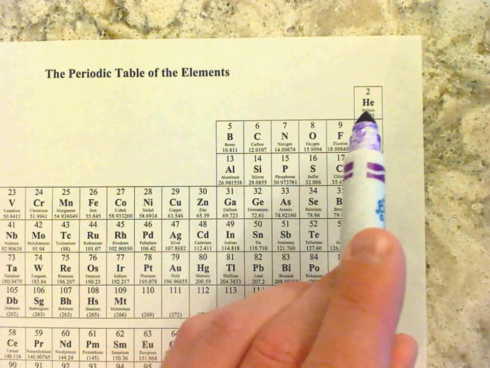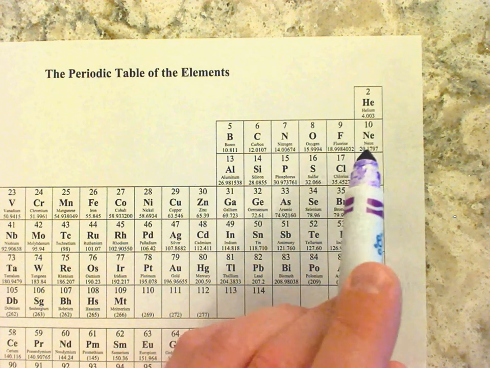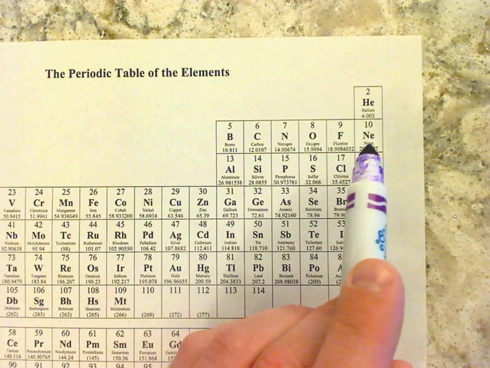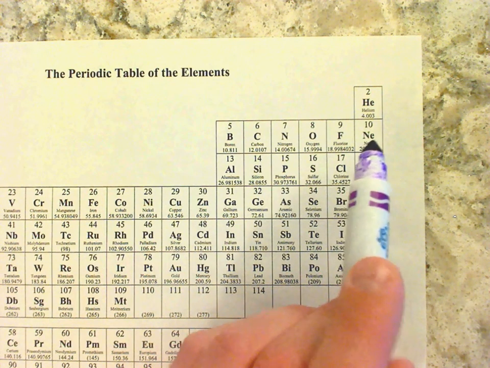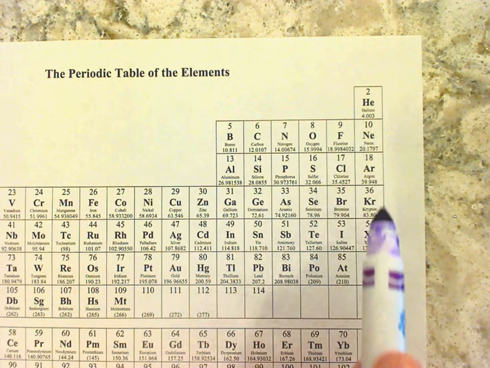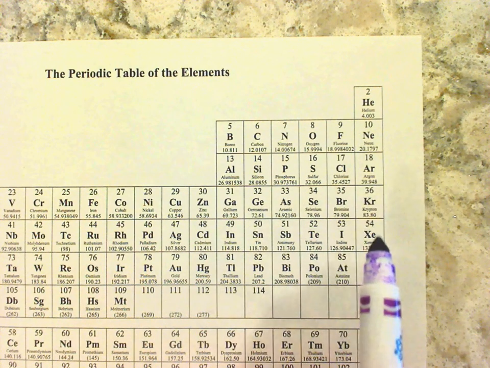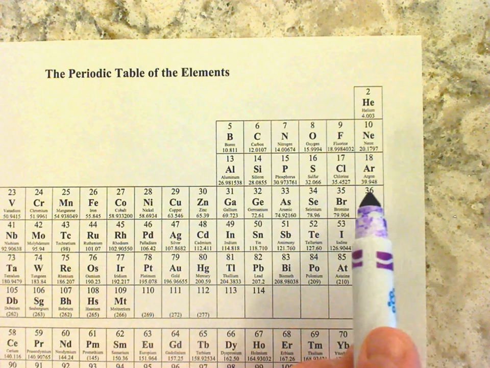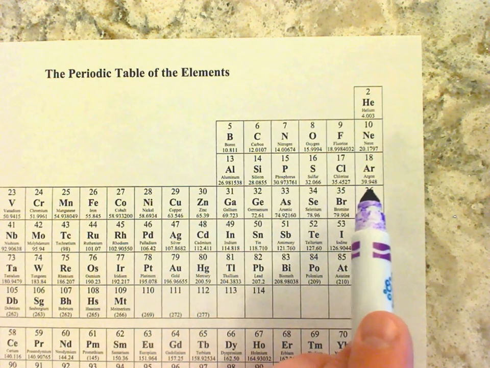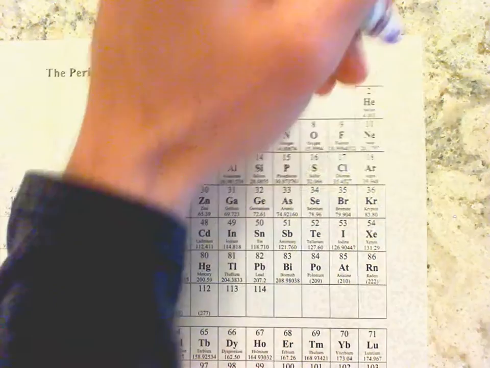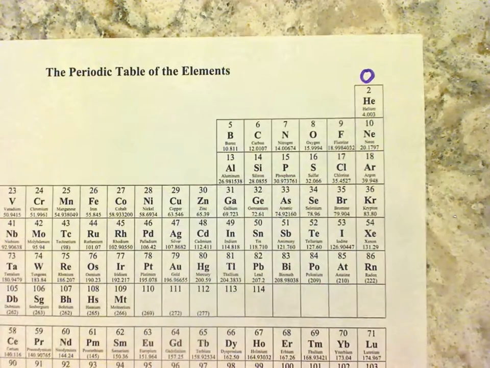If you draw out neon, you'll have 2 in its inner shell and then 8 in its outer shell, so full outer shell. So these noble gases will not combine with other elements because they already have a full outer shell, and so they're not looking to combine, get rid of, or acquire anything like that. So because of that, we give them a charge of 0. They have no charge based on those electrons.